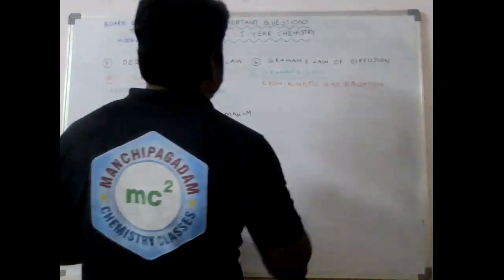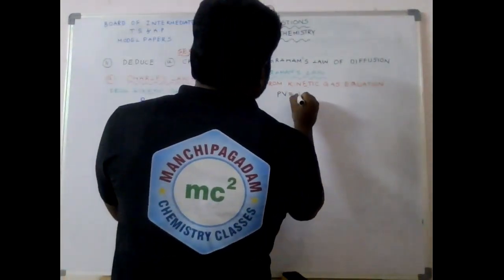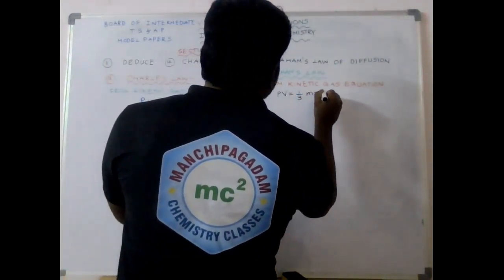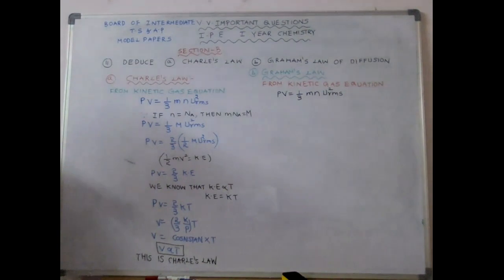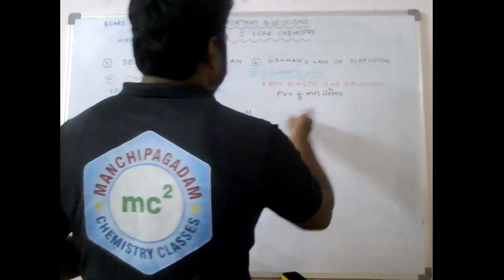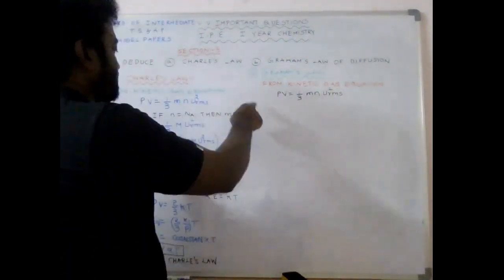Here PV is equal to 1 by 3 mn URMS square, the same as before.